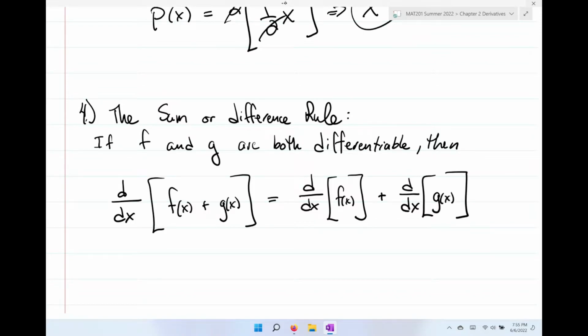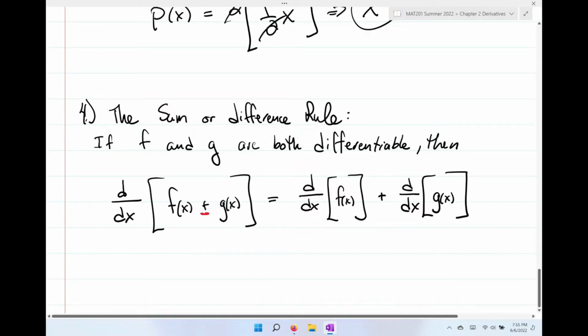And then if I use a different color, you can also put a minus sign in there as well. It's the same exact thing.